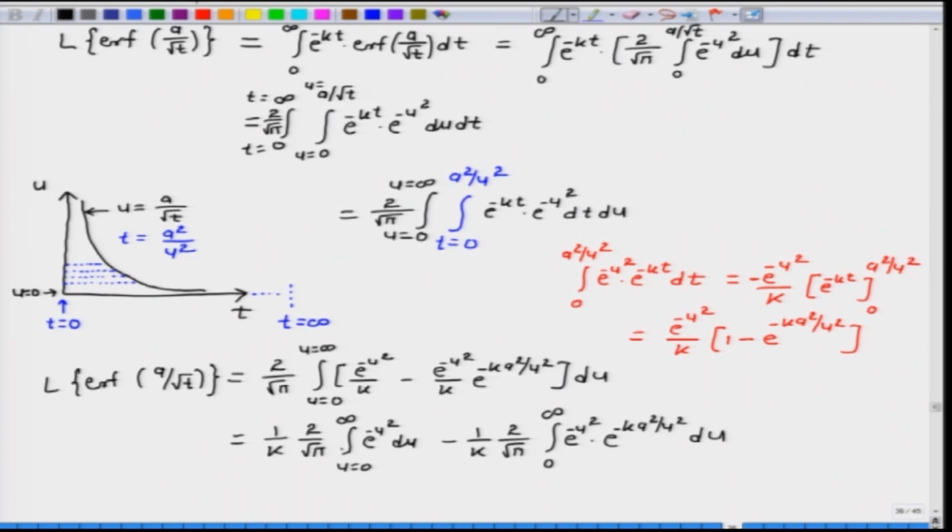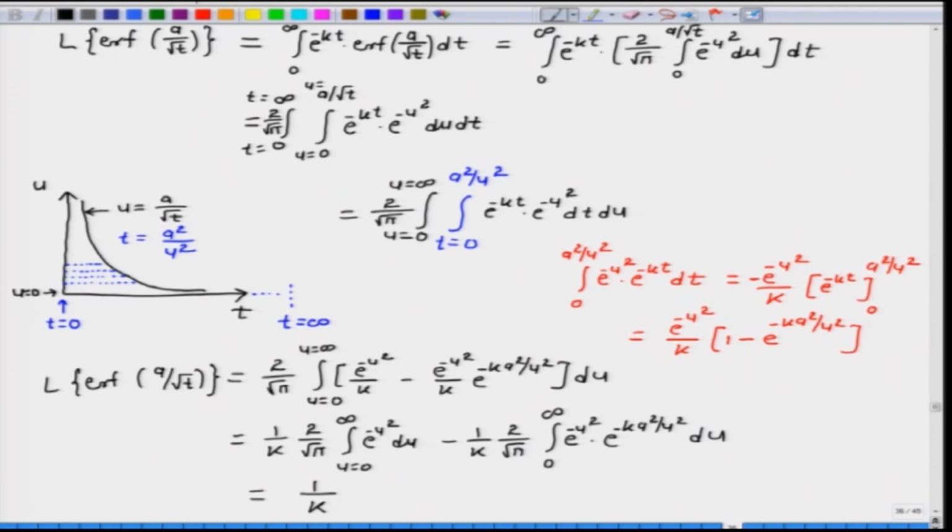The first integral here, by definition, 2 over root pi integral u equal to 0 to infinity e to power minus u square du, is the error function of infinity, and we know the error function of infinity is 1. So, the first term here is 1 by k, and we have to evaluate this second integral.